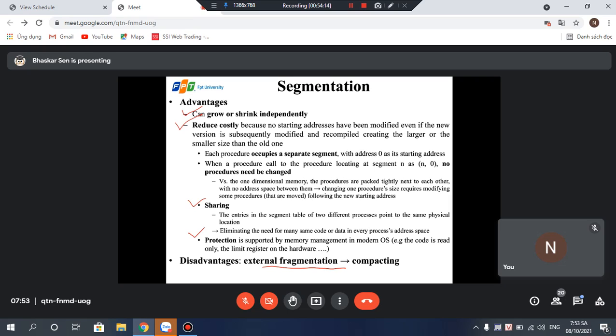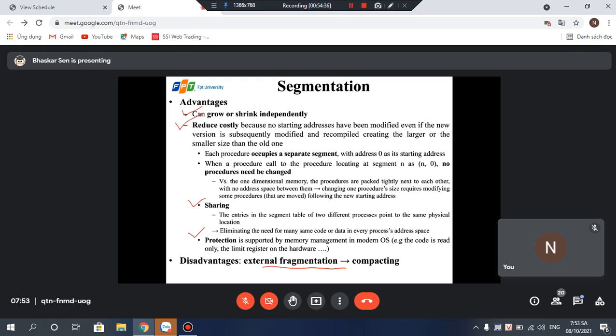Number 2, segments can grow and shrink independently. Number 3 is sharing. And number 4, differential protection. Some segments are more important, so those segments can have a higher level of protection. We'll see it when we talk about Intel Pentium.